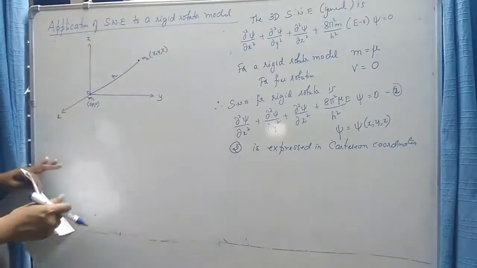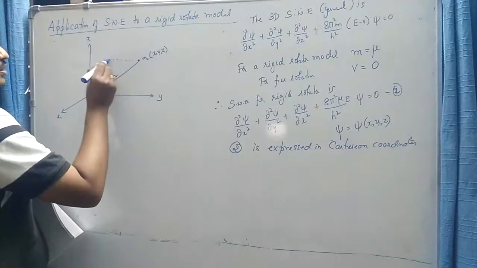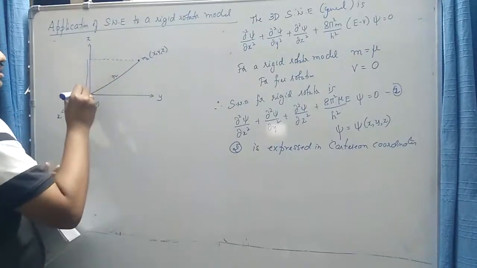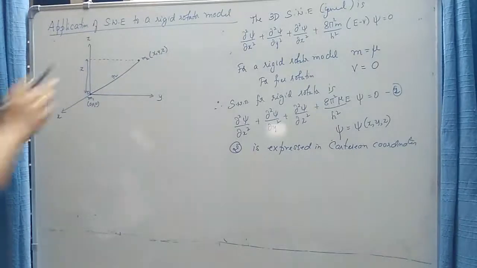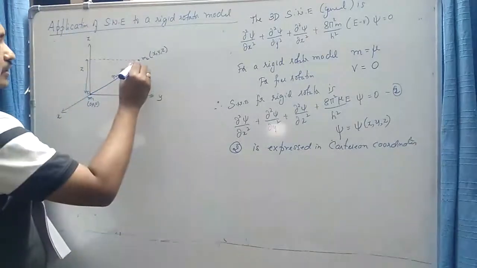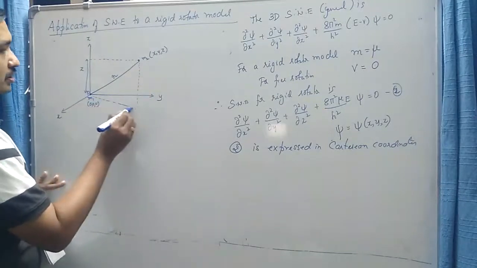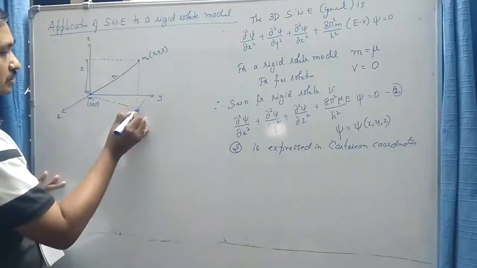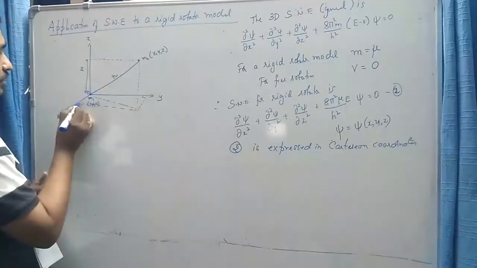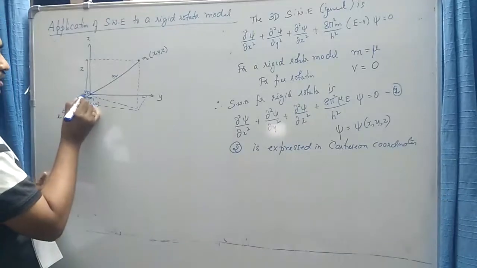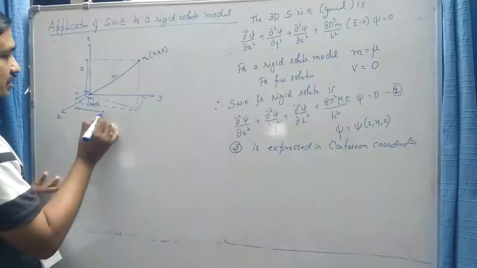So this distance is the z distance of the particle m2 from the origin. If I drop a perpendicular onto the xy plane, this distance is x and this distance is y.